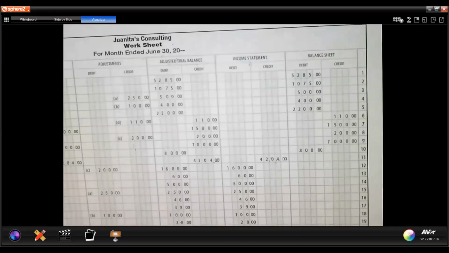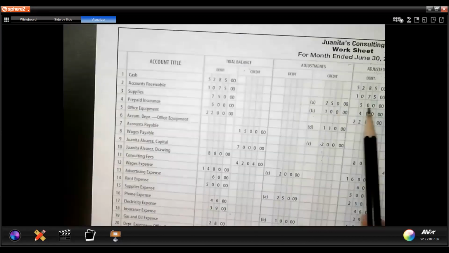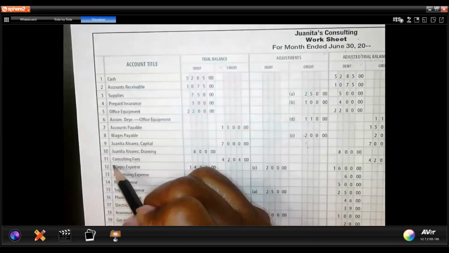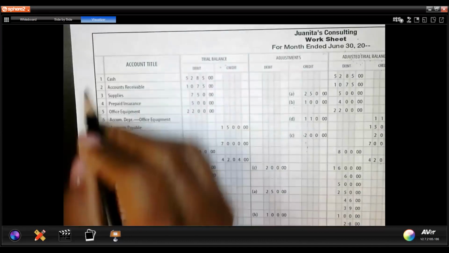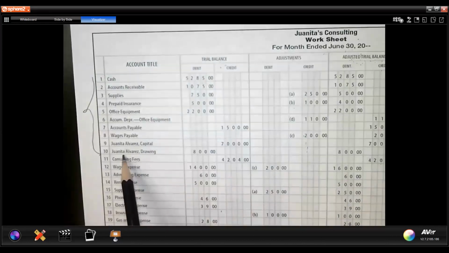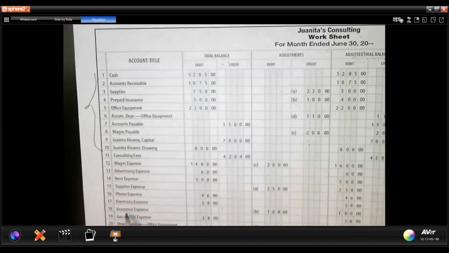So remember all the items that our balance sheet includes. Our balance sheet only includes accounts from our cash account to our drawing account. Okay, so this is what it's going to cover. Because remember, our consulting fees and all of our expenses are going to be included in our income statement.